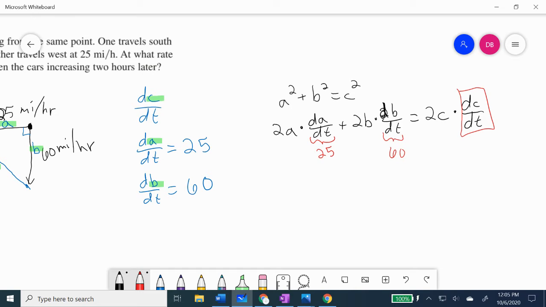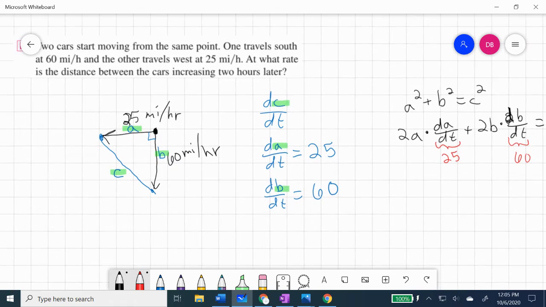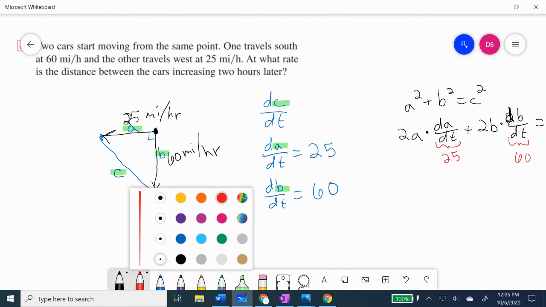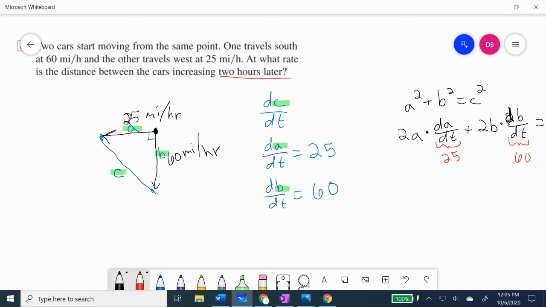We need to know A, B, and C with the when information. The when is 2 hours later. So 2 hours later, A is going to be 50 miles, and B is going to be 120 miles. And then I need the Pythagorean theorem to get the C value. I'm going to check that real quick.